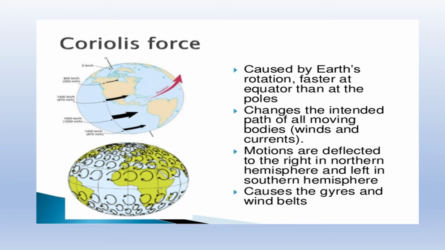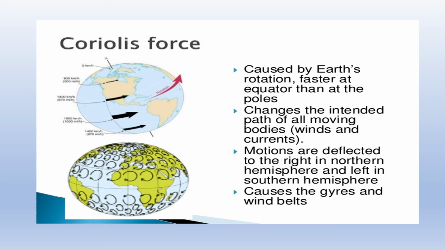The earth has two motions: one is rotation and one is revolution. The earth rotates around its axis, and because of the tilted axis there is a Coriolis force, which changes the path of moving bodies, the winds and the currents.